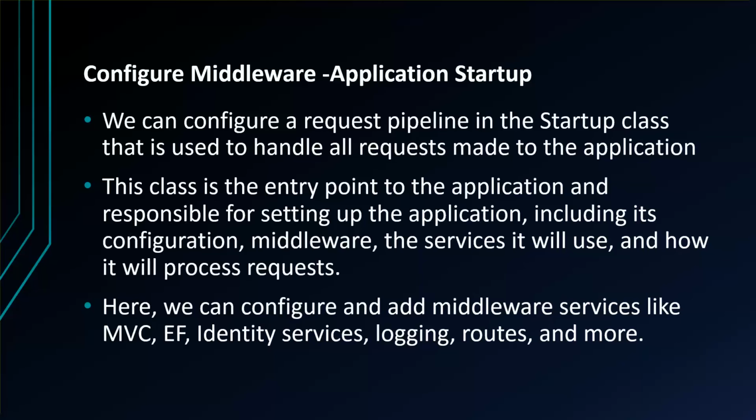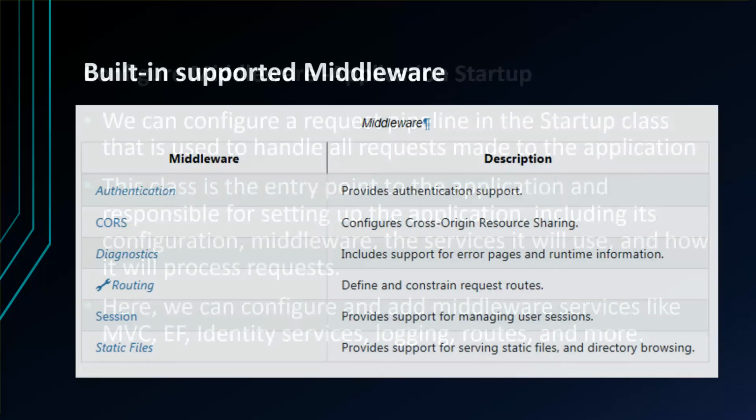It has some configuration settings apart from the middleware. You can set the middleware, the services it will use, and how the request will be processed. Here we can configure and add middleware services like MVC, Entity Framework, Identity Services, Logging, Routes, and we can also delete these middleware components.